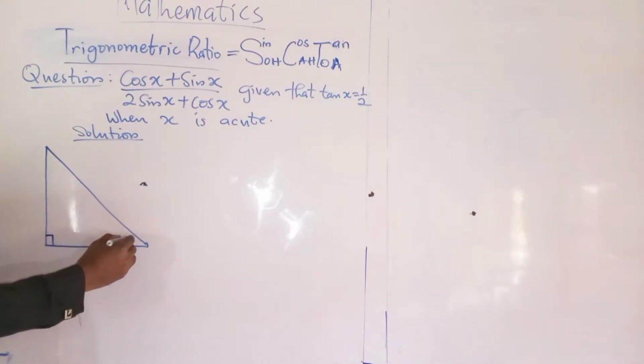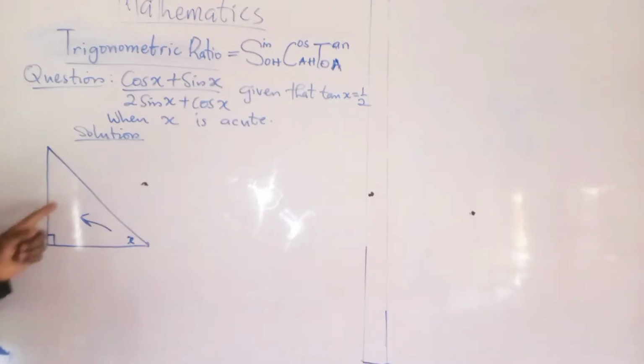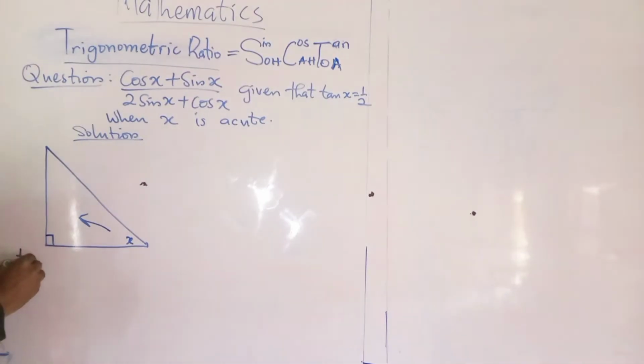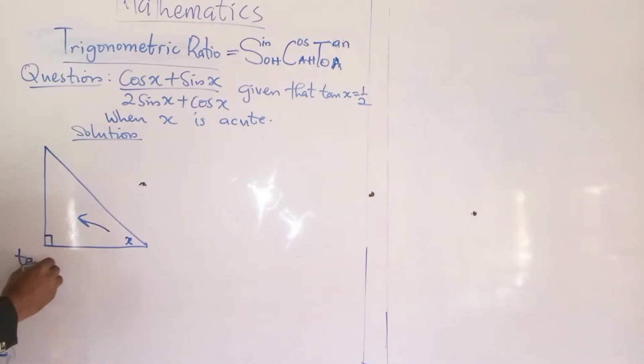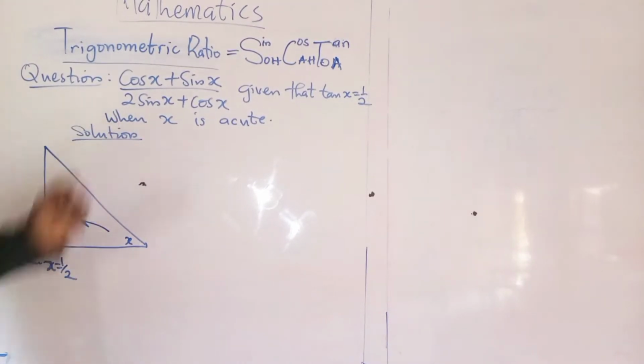If this is the x, of course, here is the opposite. And we are told that tan x is equal to 1 divided by 2, or half.